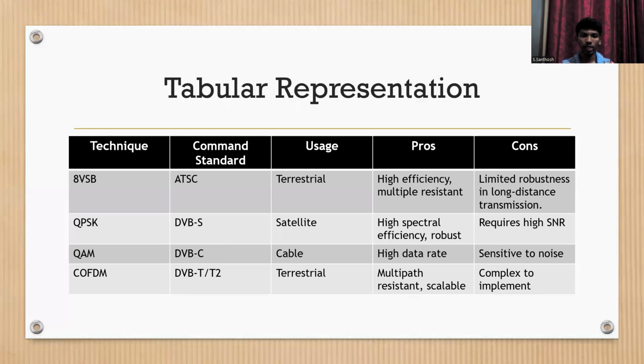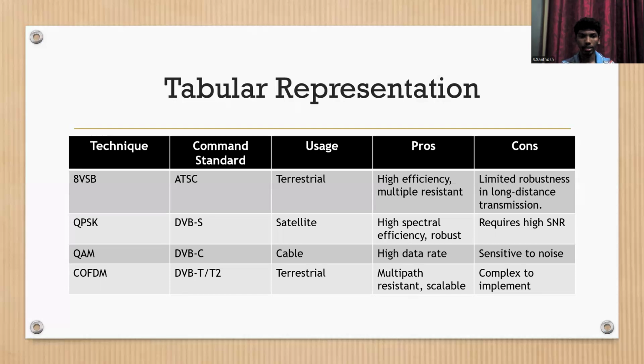So it uses the DVB-C standards, that is the digital video broadcasting cable standard, where we have the cable wires running through all the lanes to our TVs from the stations to transfer the data. It has a high data rate and it is sensitive to noise. Now looking at COFDM, DVB-T, that is digital video broadcasting terrestrial.